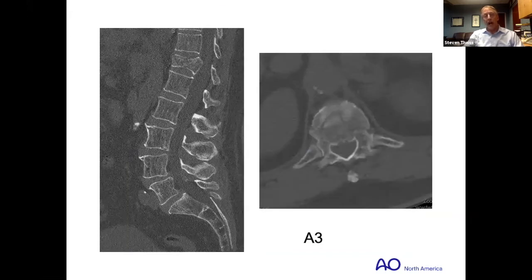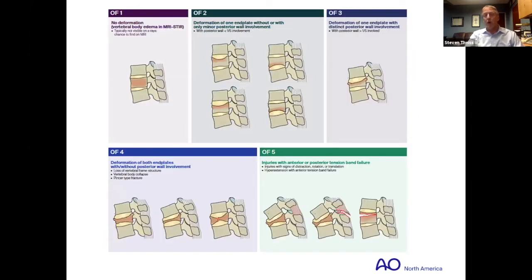So just to return to this fracture, looking at it on the CT and on those initial films that we have, this to me looks like there's some distinct posterior wall involvement. There's involvement of the superior and maybe the inferior end plate. So I put this initially at an OF type 3 or OF type 4.